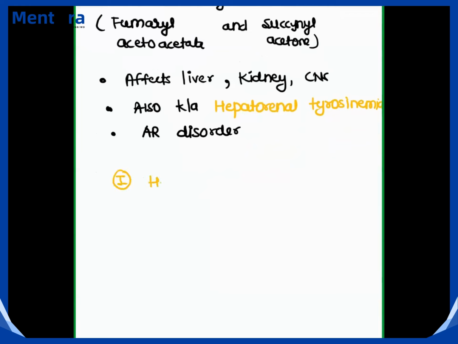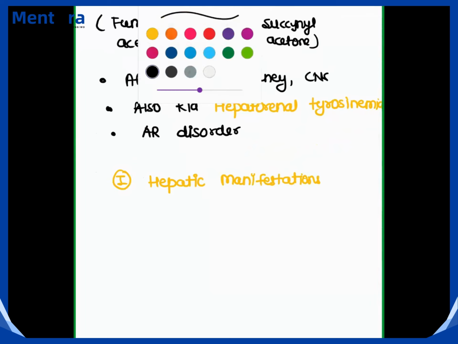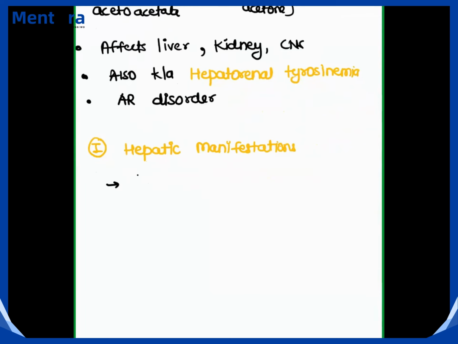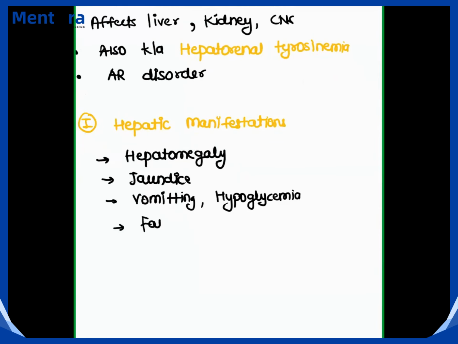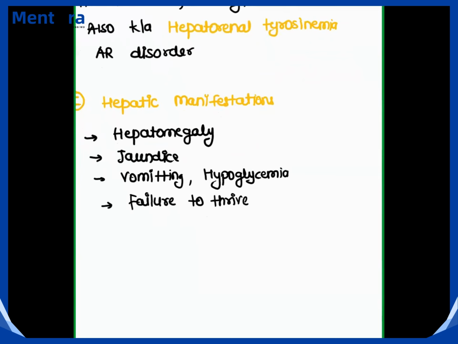First clinical, there are hepatic manifestations. Hepatomegaly, jaundice, vomiting, hypoglycemia, the child will have failure to thrive because of liver involvement.